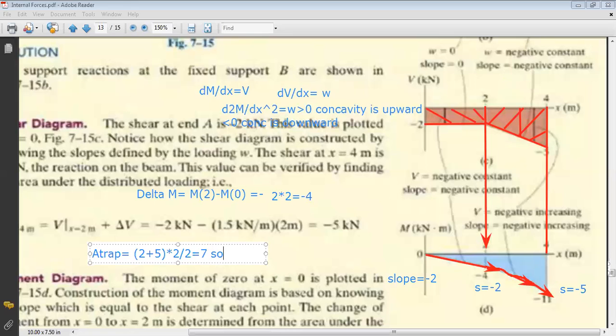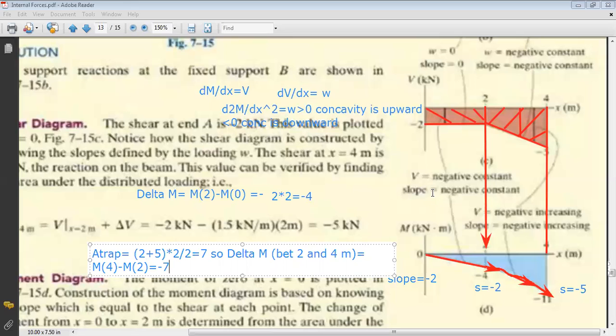So I can say that delta M between 2 and 4 meters is equal to the moment at 4 meters minus the moment at 2 meters, which equals minus 7.